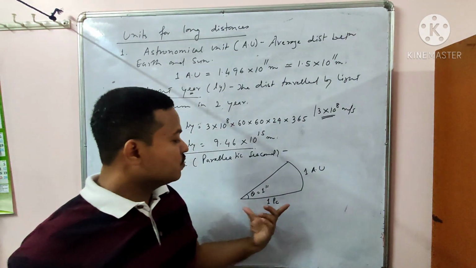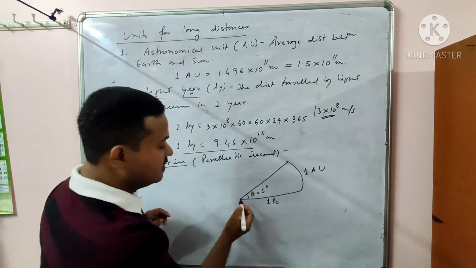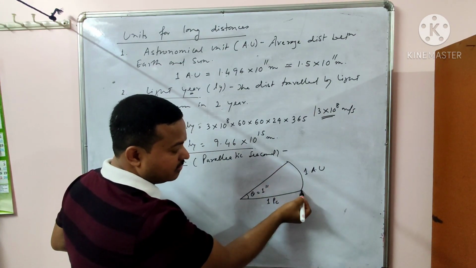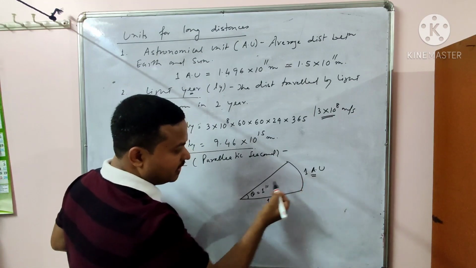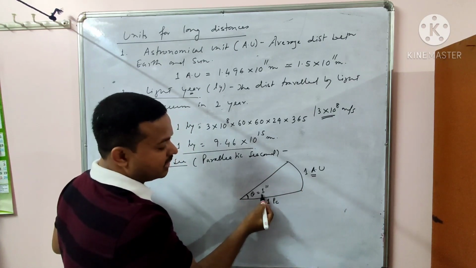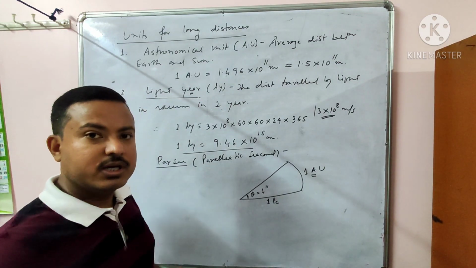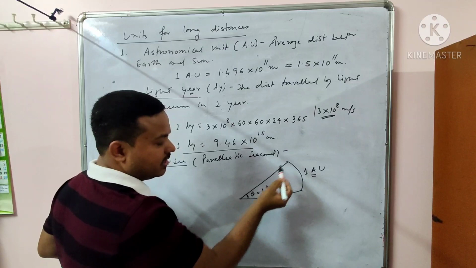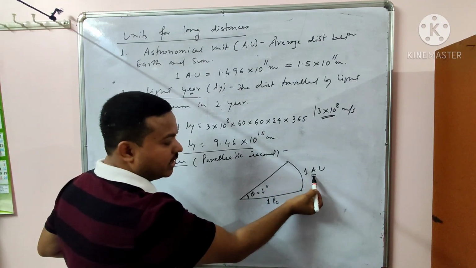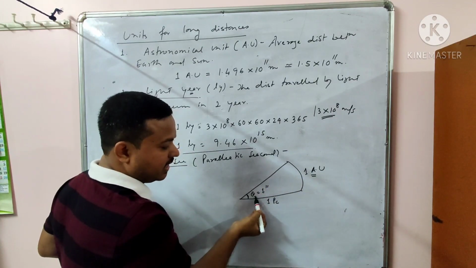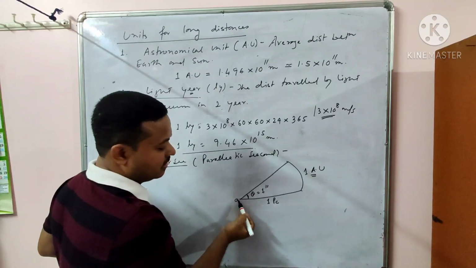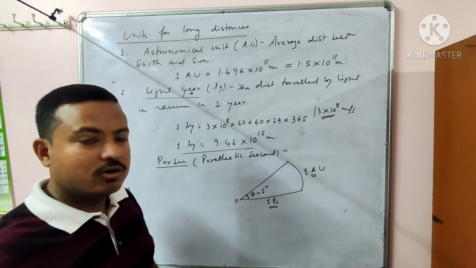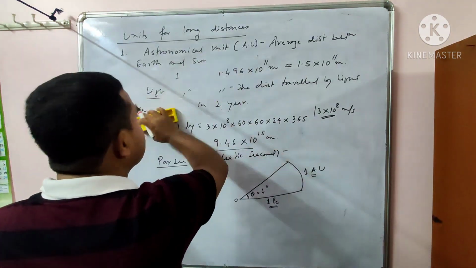So 1 parsec is the distance at which an arc of length 1 astronomical unit makes an angle of 1 second at the center. Thus this distance is called 1 parsec.